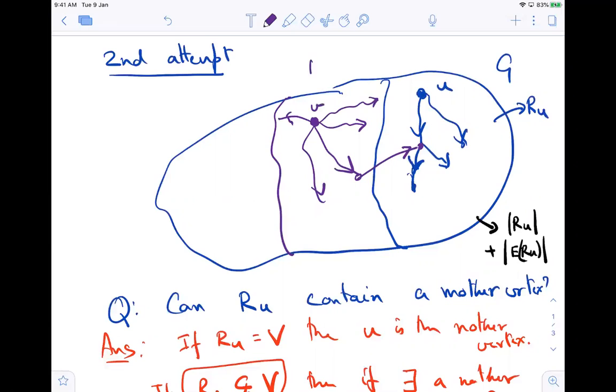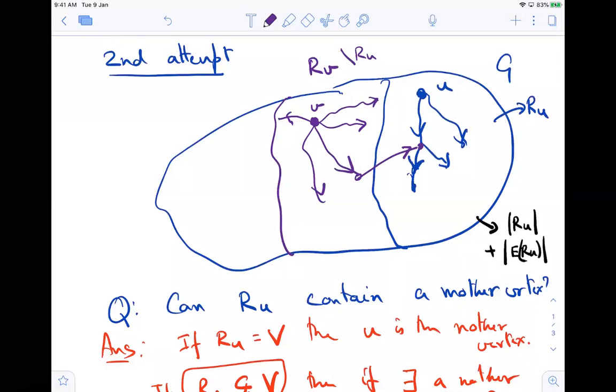So I have the R of V. R of V is all of them that are reachable from V minus R of U. This is R of V minus R of U. Now, can this R of V minus R of U contain a mother vertex?